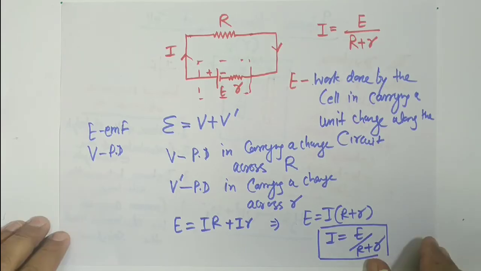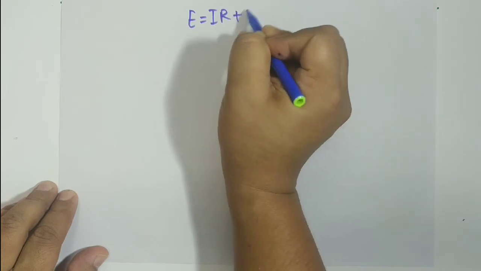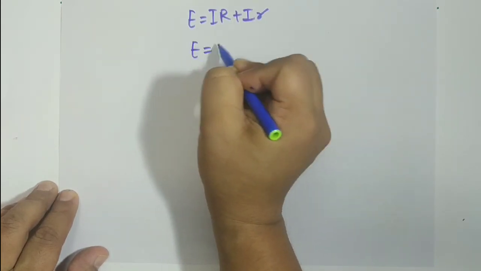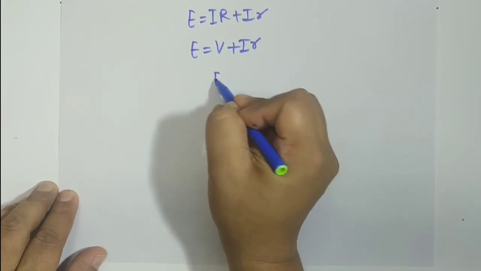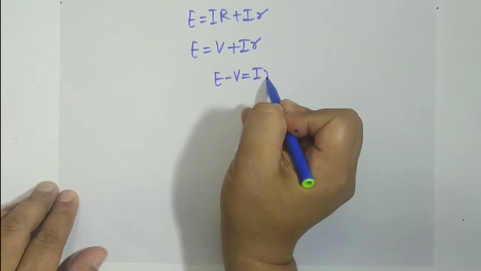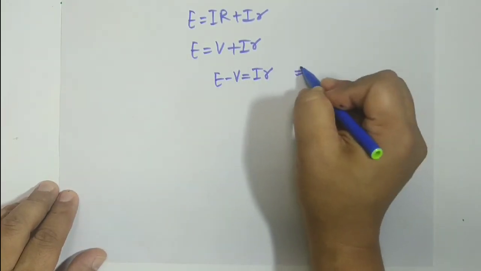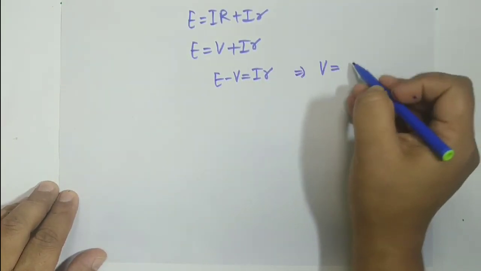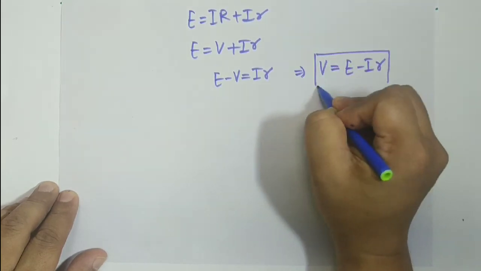And finally we can even say that E is IR plus Ir. So if I put it here, V plus Ir. So can I say that E minus V is what? Ir. So this is how the equation can be written, and V is what? E minus Ir. So this is the potential difference.